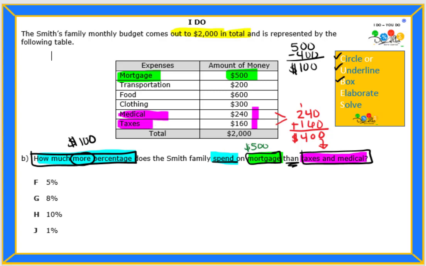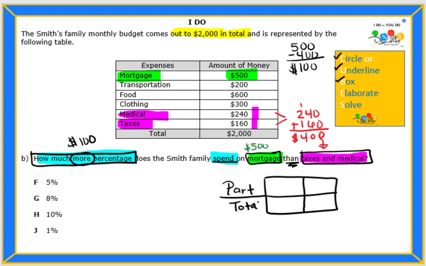So we're going to go ahead and make our percent box. In our percent box, we're going to have the part and the total. We will have our information in regular numbers, which are the dollar amounts, or in percentage numbers.